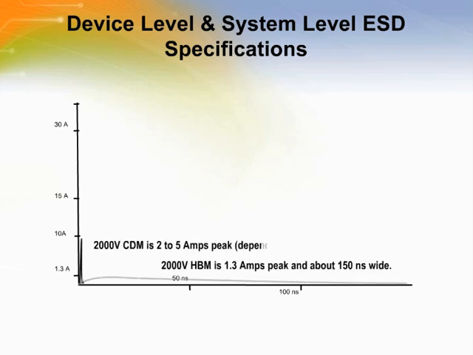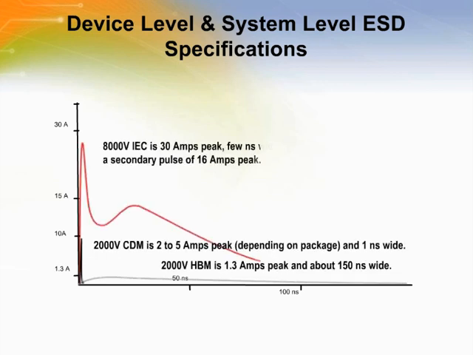The gray line shows the human body model test. It lasts about 150 nanoseconds and is about 1.3 amps at its max and tests normally at 2000 volts. The black line shows the charged device model test. It lasts 1 nanosecond, is about 2 to 5 amps depending upon the package, and tests normally at 2000 volts.